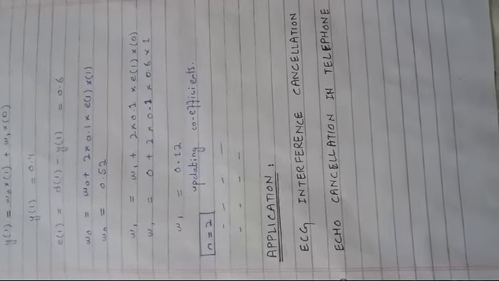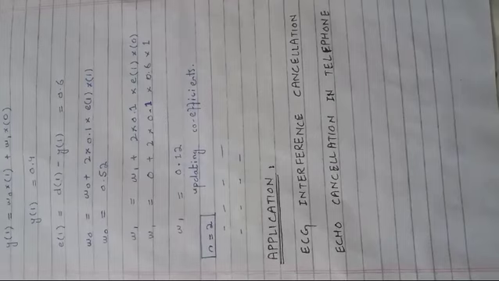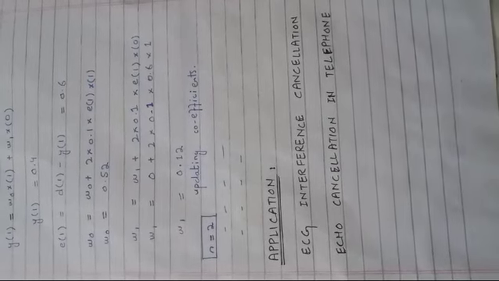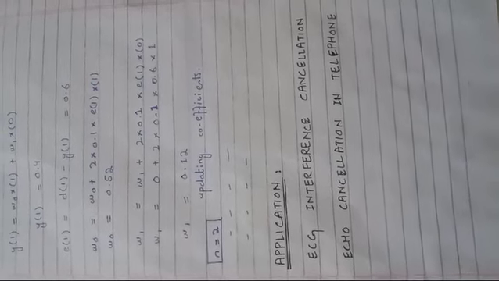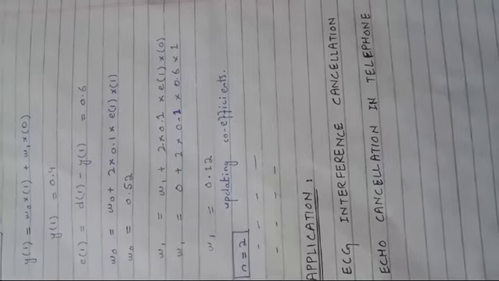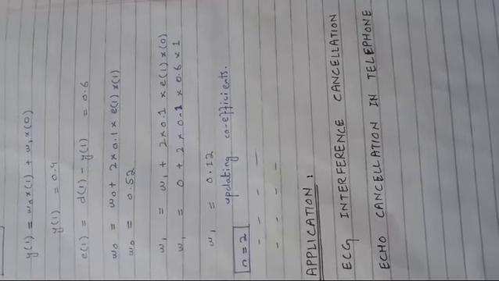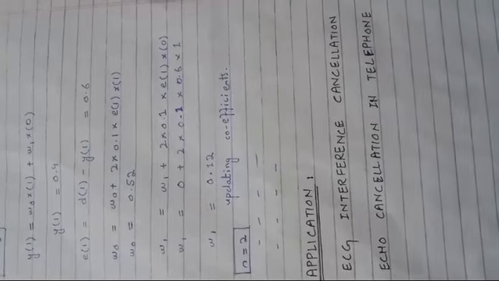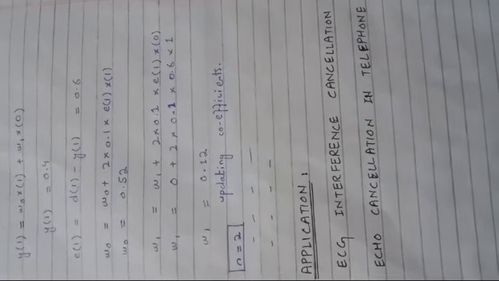Adaptive filters play a very crucial role in ECG interference cancellation by dynamically adjusting their parameters to filter out noise and unwanted signals such as power line interference or muscle artifacts from the ECG signals. This ensures a clearer and more accurate representation of heart's electrical activity, improving diagnostic reliability.